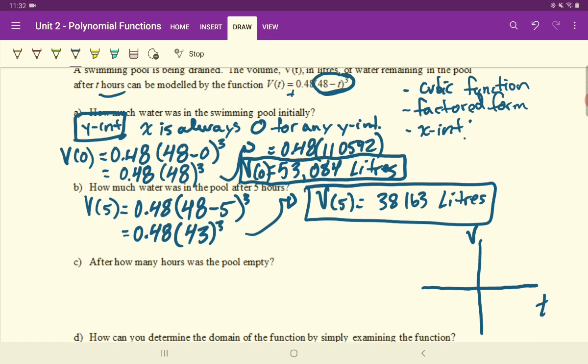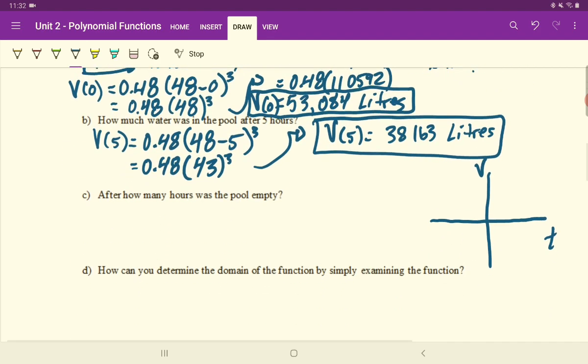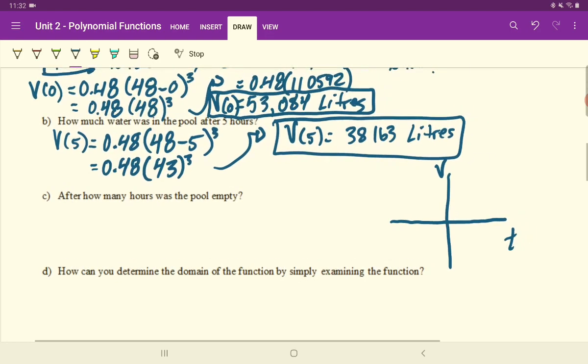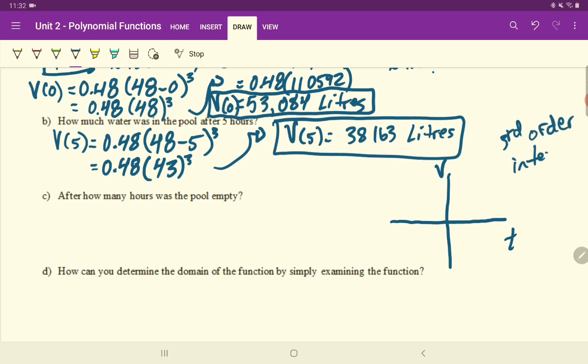Because our factor is raised to the power of 3, we know that it's going to be a third degree, a third order intercept. And so what does a third order intercept through the x-axis look like? It's going to look like one of these little dog legs through the x-axis.